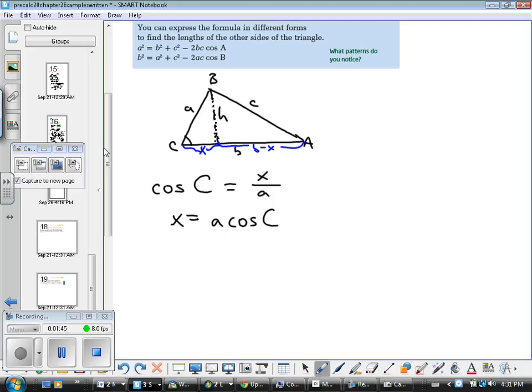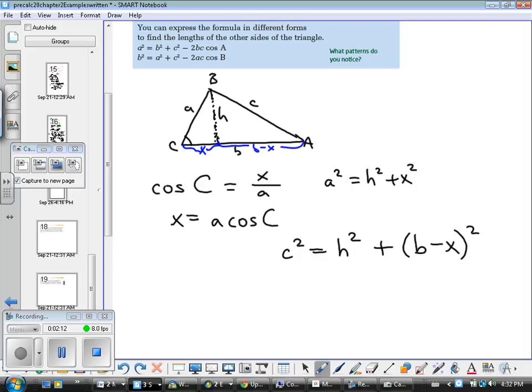The other two relationships I'm going to use are the Pythagorean theorems. For the triangle on the left, A squared equals H squared plus X squared. And for the triangle on the right, it's actually the one I'm going to substitute everything else into: C squared equals H squared plus (B minus X) squared.